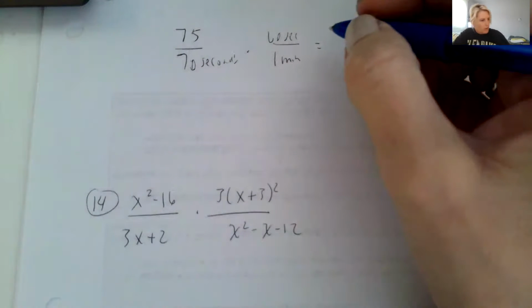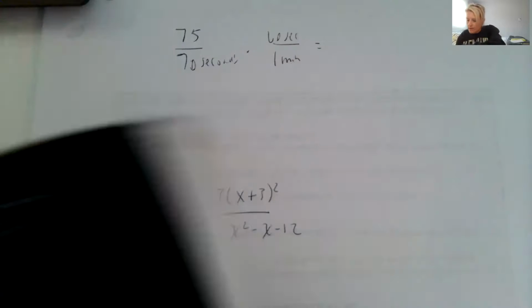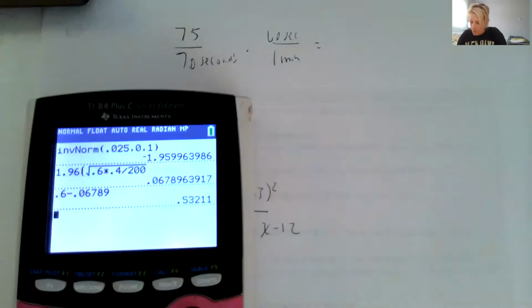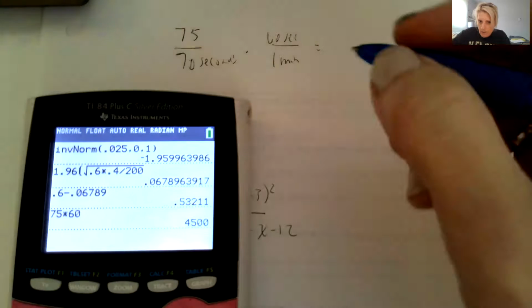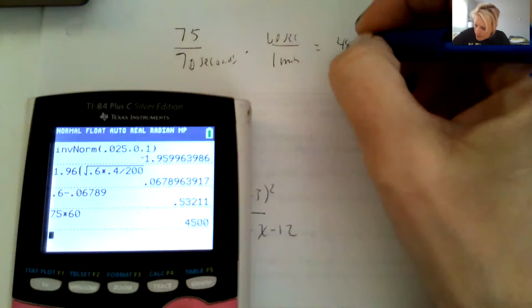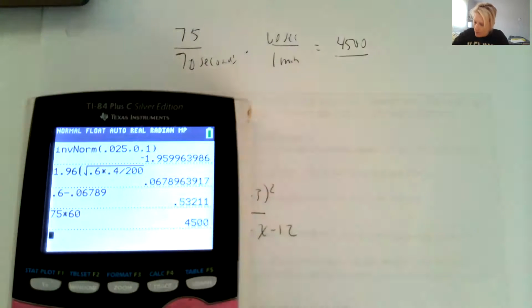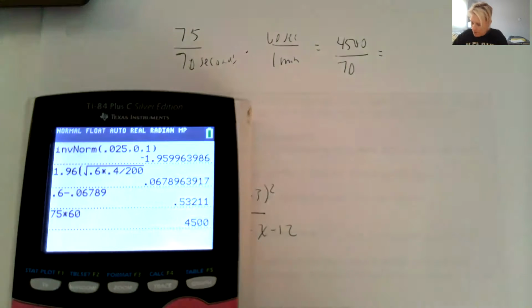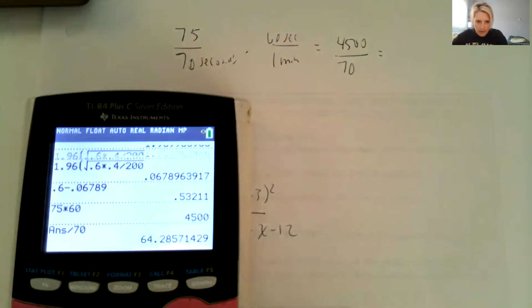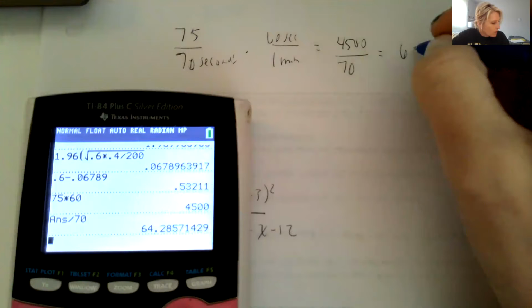And so if we multiply straight across, we get 75 times 60, so 4,500 over 70 times 1. And then we're going to divide 4,500 by 70, and we get 64.